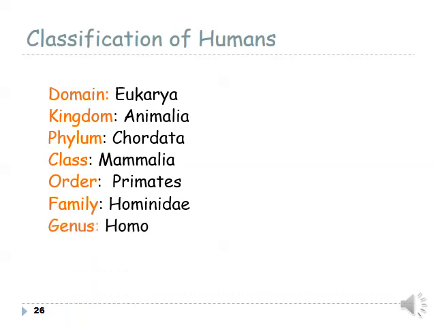The genus Homo, which includes humans and our human ancestors. And the species sapiens. Okay, I'm just going to mention something important now that we'll probably discuss again when we reach the section on evolution. Humans did not evolve from apes. Apes are our ancestral cousins, if you want to look at it in that type of relationship.